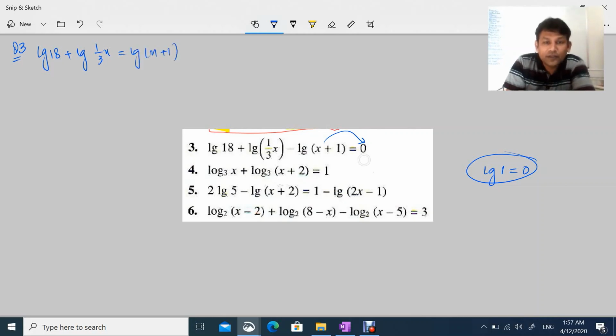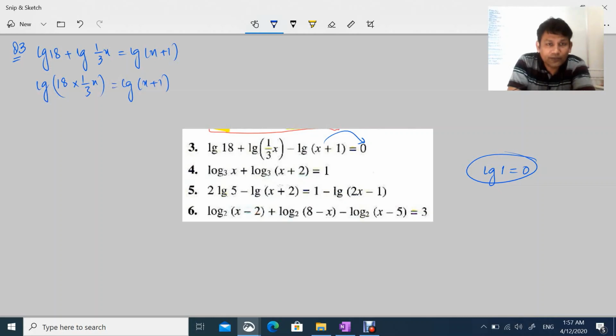There is another way, I can write lg 1, but I think this is very simple. As a single log, I write 18 multiplied by this, because the plus sign is between two logs, equals lg x plus 1.